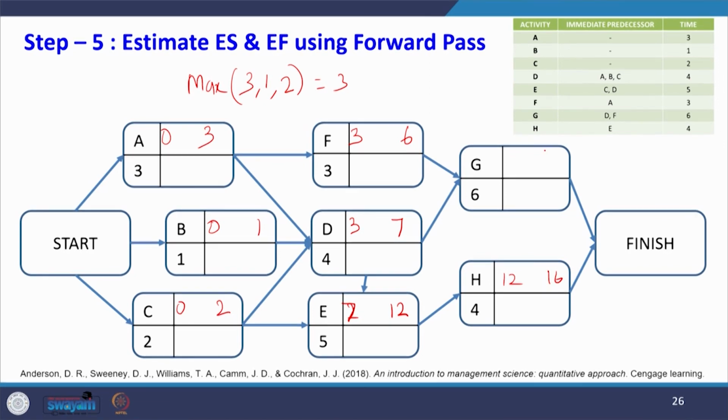Now, it is 7. Now, you see why it is 7? Because for activity G there are 2 predecessors F and D. The earliest finish time for F is 6, for D is 7. So, which is the highest one? 7. So, it is 13.